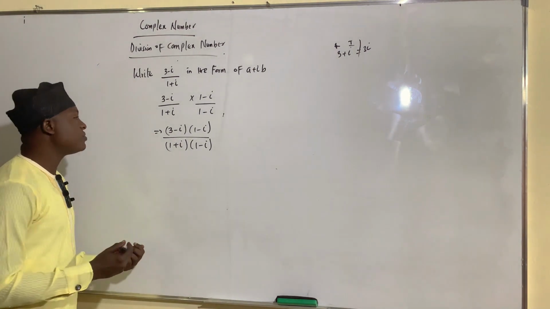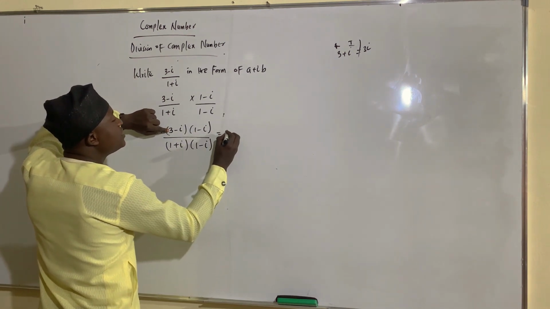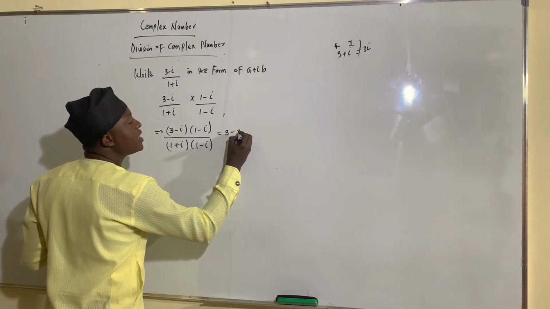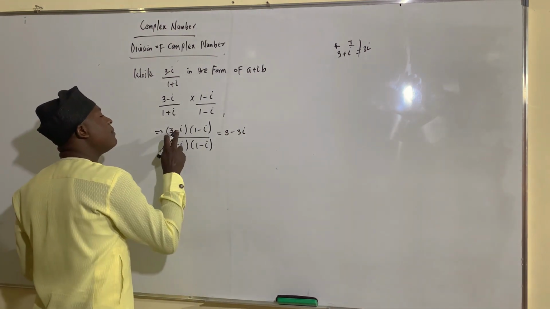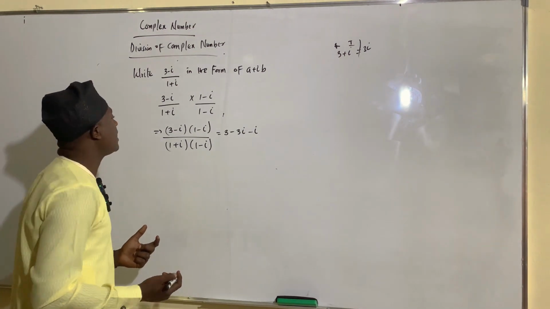So let's take a look at the simple expansion. 3 times 1, that's going to be 3. 3 times minus i, that's going to be minus 3i. Minus i times 1, that's going to be minus i.